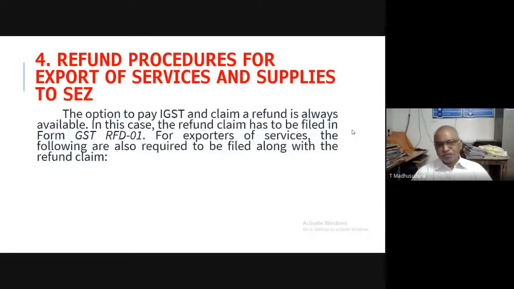For exporters of services, the following are also required to be filed along with the refund claim.